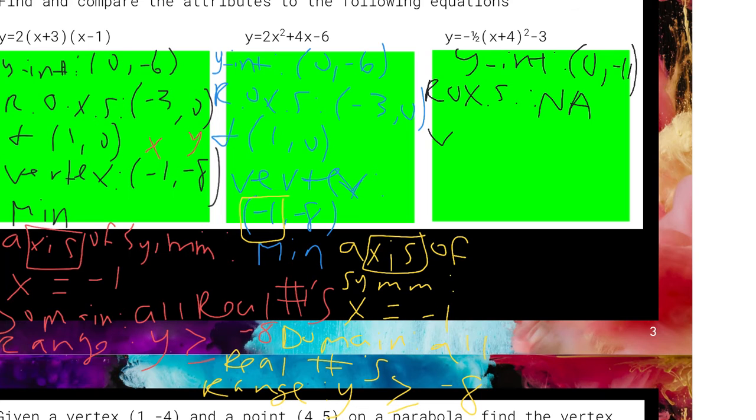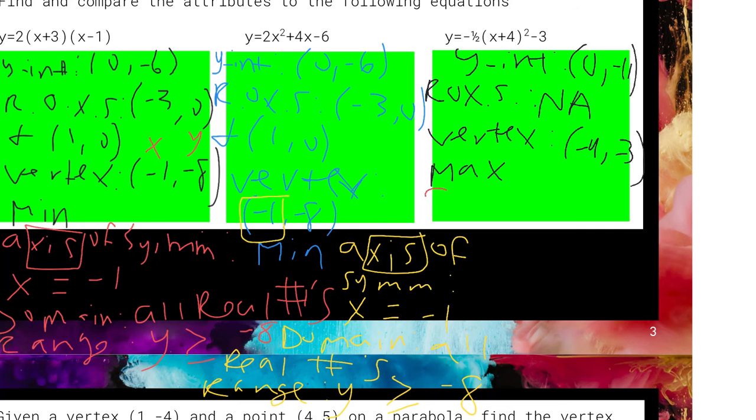Let's find the vertex. The vertex is either the highest or the lowest point where the graph bends. So for me, it looks like it's going to be the highest, which is going to be at -4, -3. And since the vertex is at the top and this is opening downwards, this is going to be a maximum.